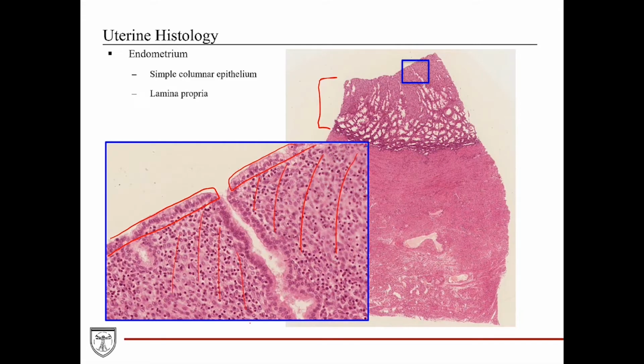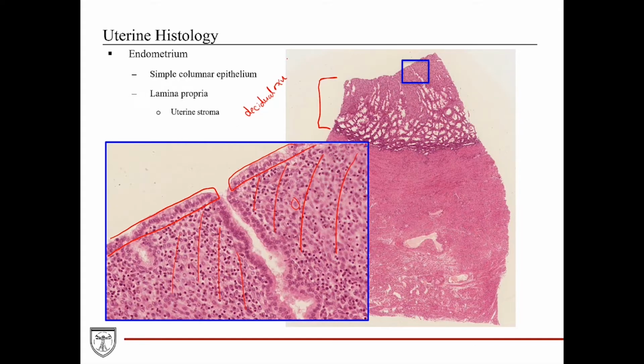But we'll see that the lamina propria, this loose connective tissue, is actually rather unique in that this uterine stroma is quite cellular. And many of these endometrial stromal cells respond to the estrogen and progesterone, and they can become quite large and polygonal in a process called the decidual reaction.